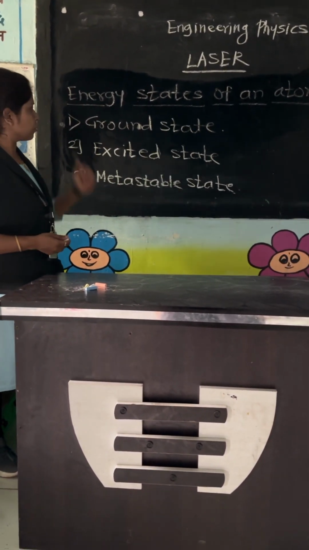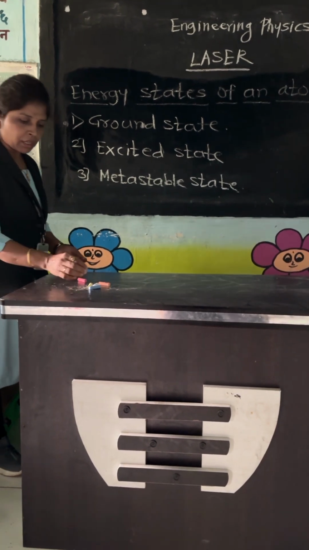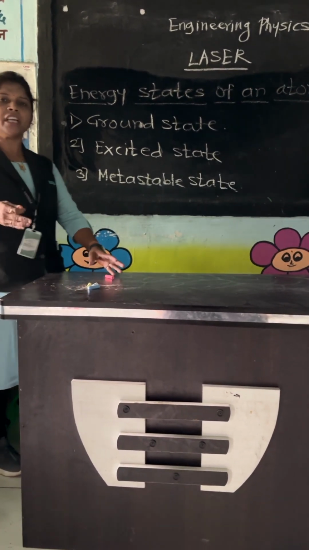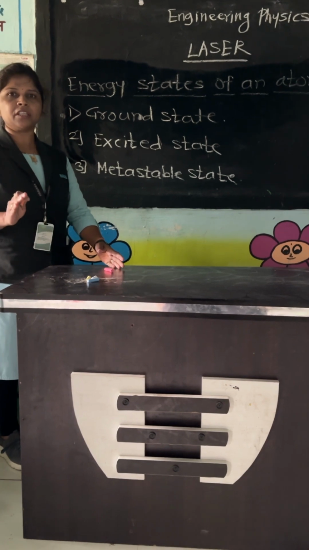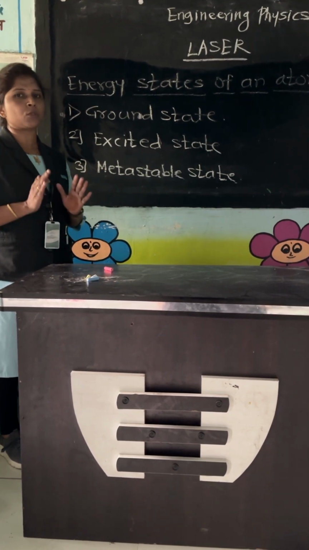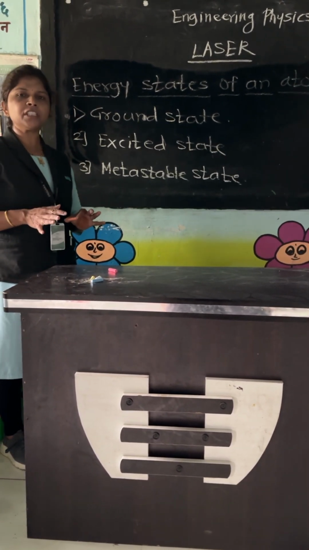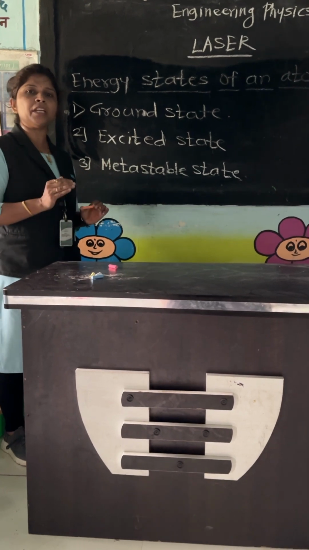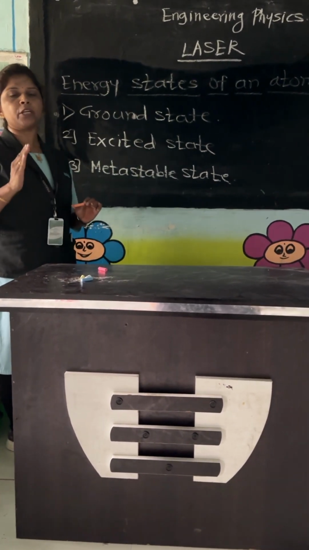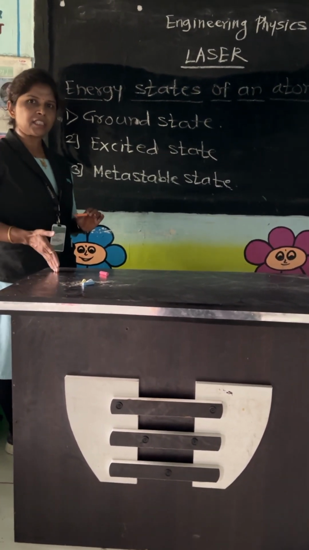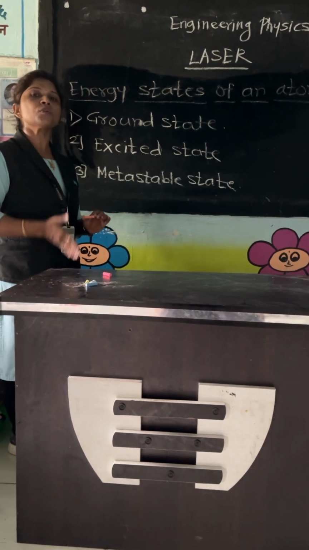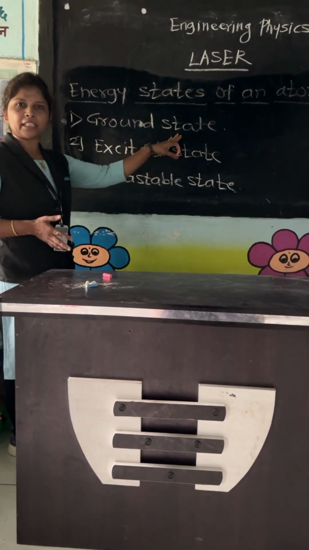First one is ground state. Actually, ground state is a very basic state. It is the lowest state of an atom in which any atom can remain for an unlimited period of time, and thus it is called the most stable state for the atom.